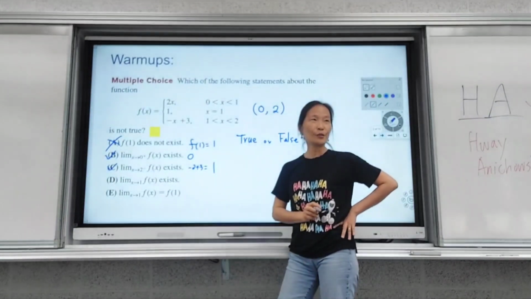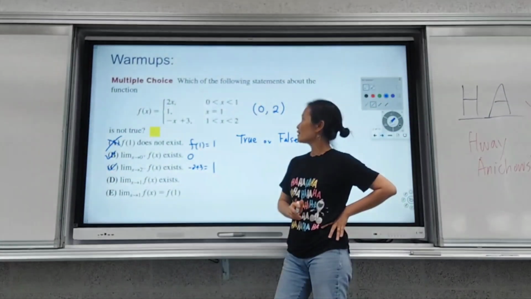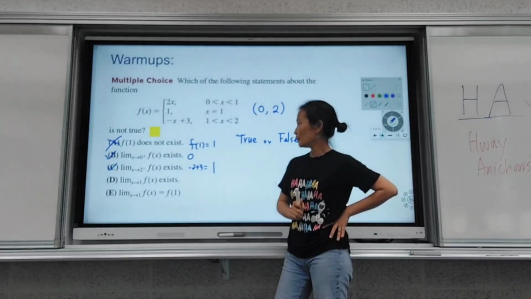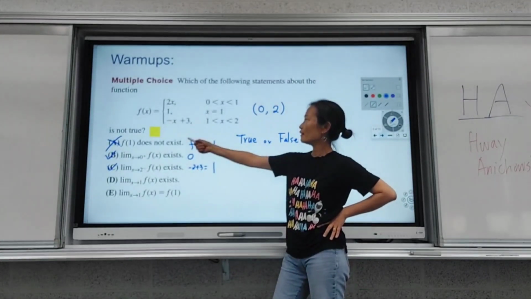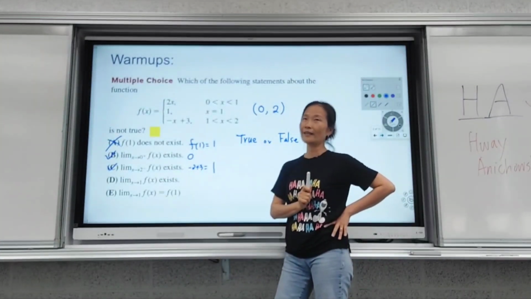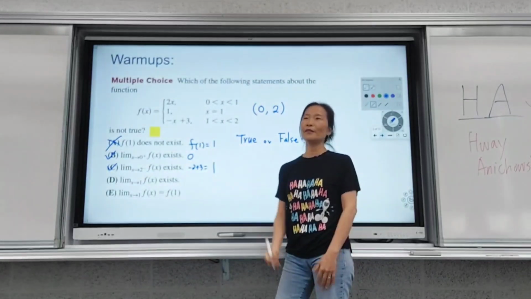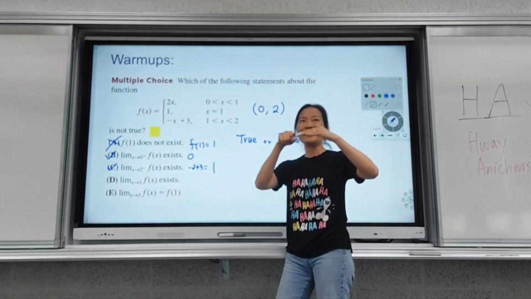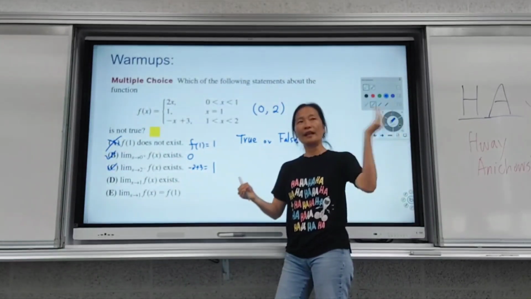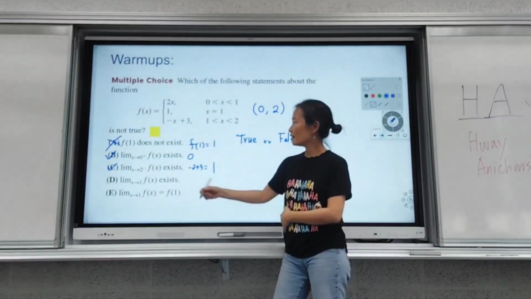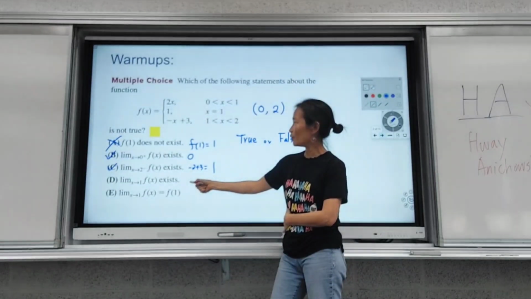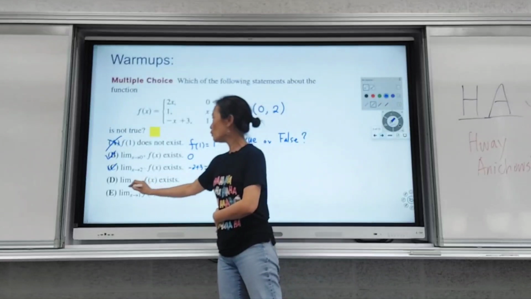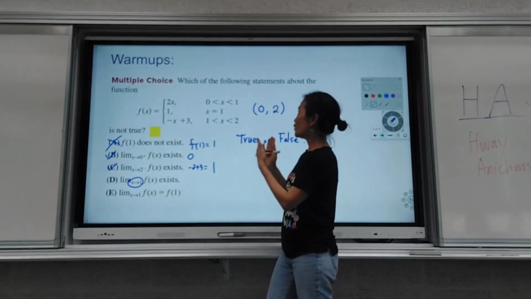Well, this one we need to work a little bit. So first of all, we don't care whether f of 1 exists. It doesn't matter. It's like if you meet somebody for lunch, are you going to see each other? Doesn't matter if the restaurant is there or not. So from the left side and from the right side, do you approach the same value? We need to sub in x equals 1 on either side.